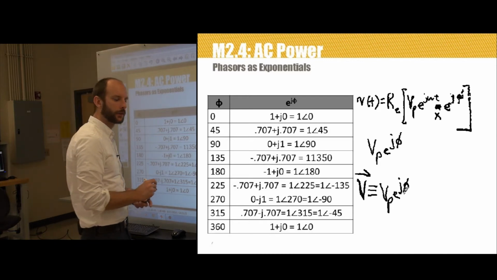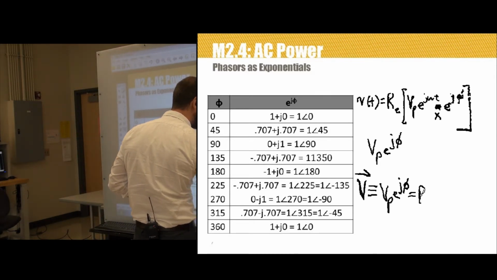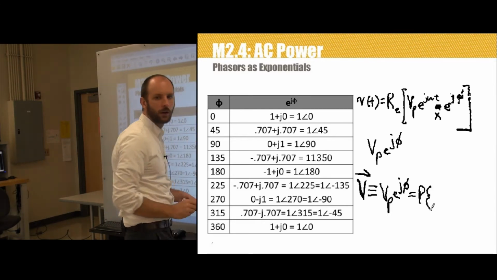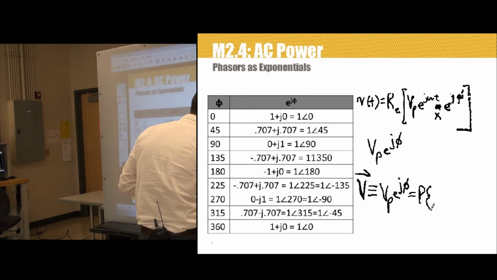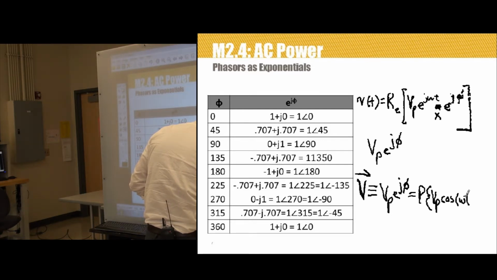And we'll write this as capital P, curly braces, Vp cosine of omega t plus phi.